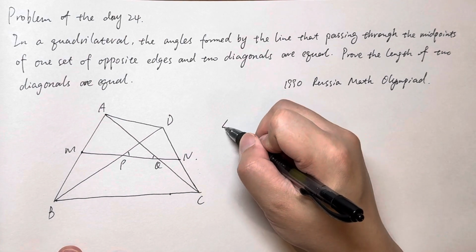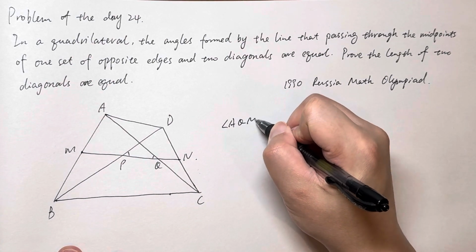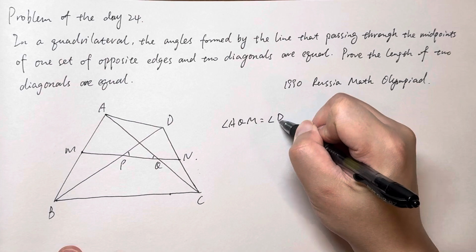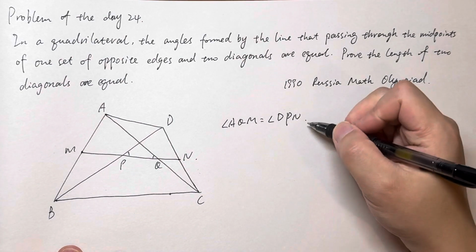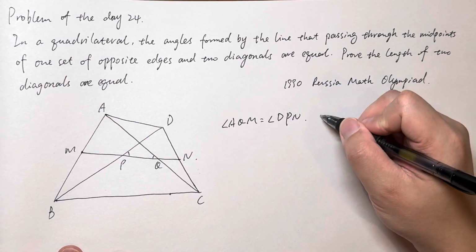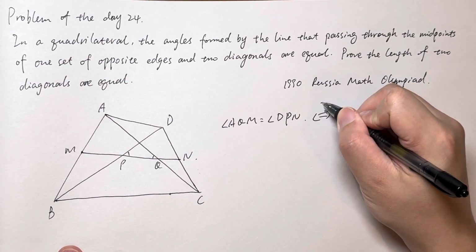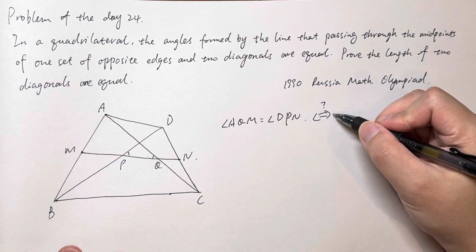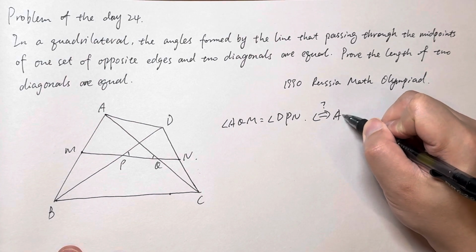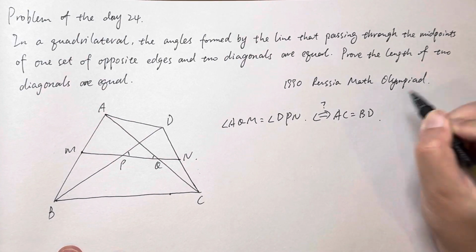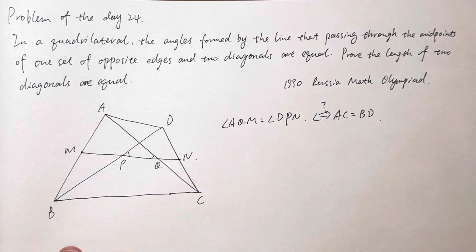Then the angle AQM equals angle DPN. And now we want to prove that AC equals BD, right? We want to prove the length of two diagonals are equal.